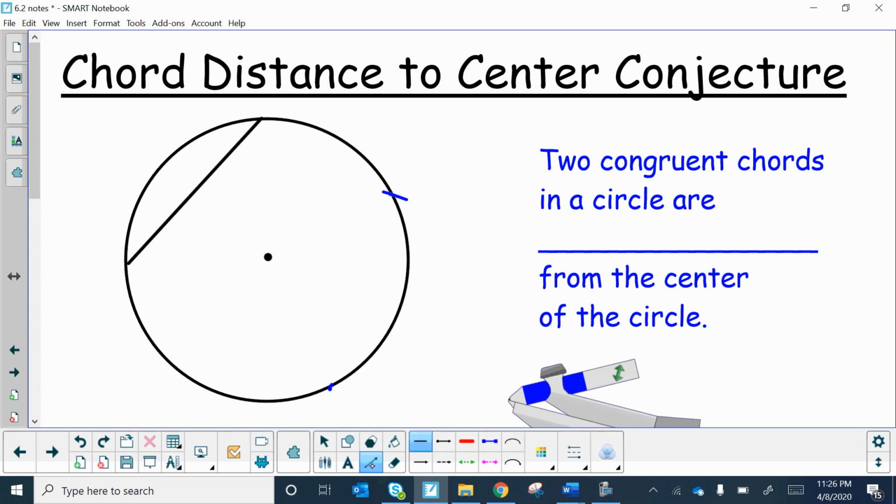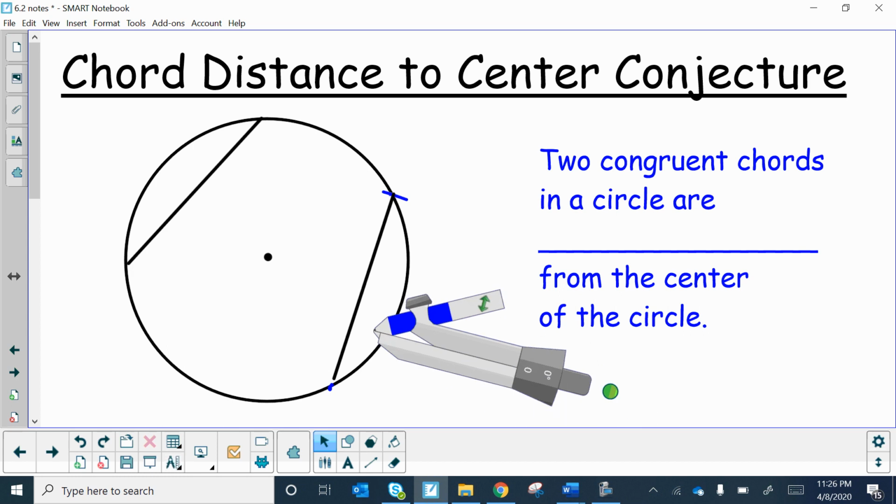And let's connect these two. Now it talks about the distance from the center. So when you look at the distance from the center, you have to think of the perpendicular distance.